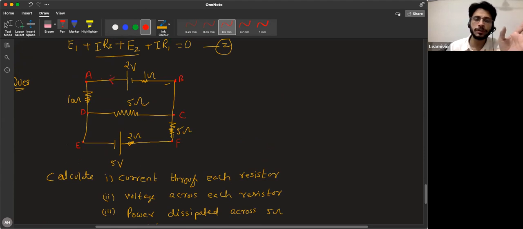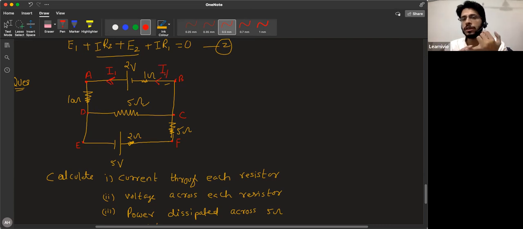I start from this cell. Let's say some current I1 starts from this cell of 2 volt. When this current leaves this cell, it will get divided into the entire circuit. But finally, after passing through the entire circuit, you should get back the same current I1 that will enter the cell.